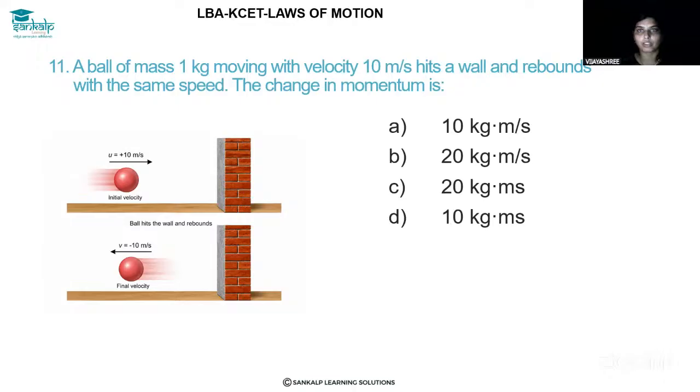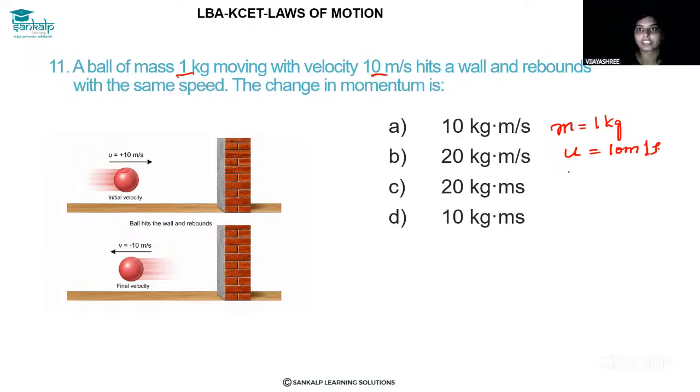Okay, so what we are given first is a ball of mass 1 kg. So the mass of the ball is 1 kg, with initial velocity u equal to 10 meter per second. It hits the wall and rebounds with the same speed.